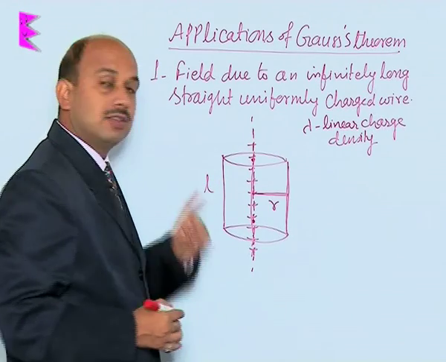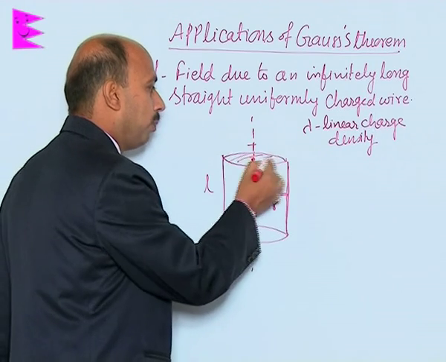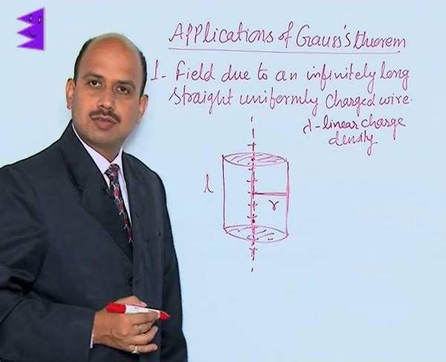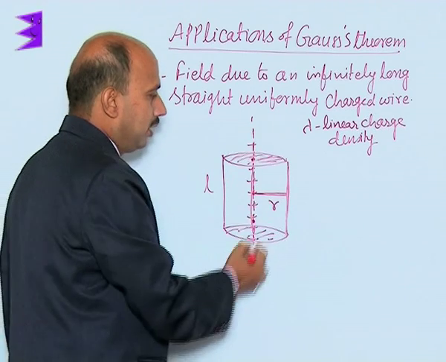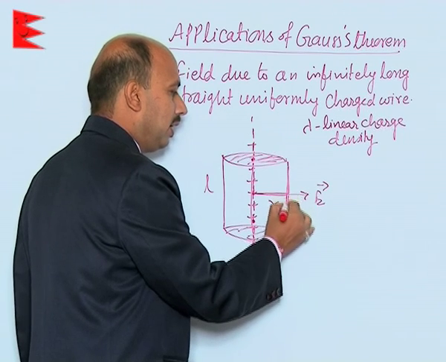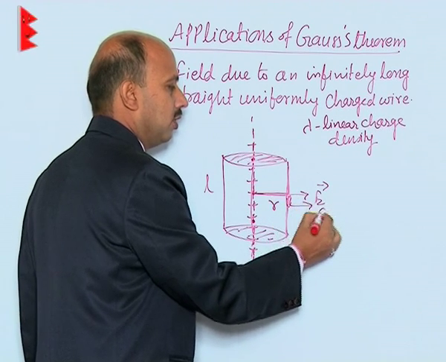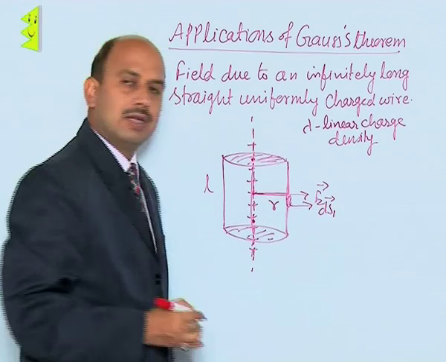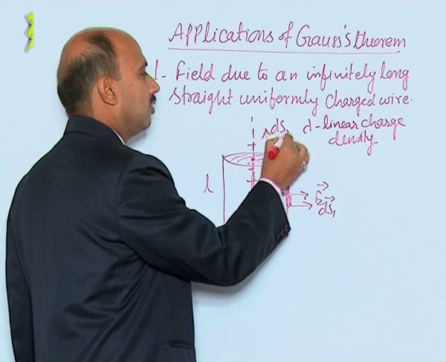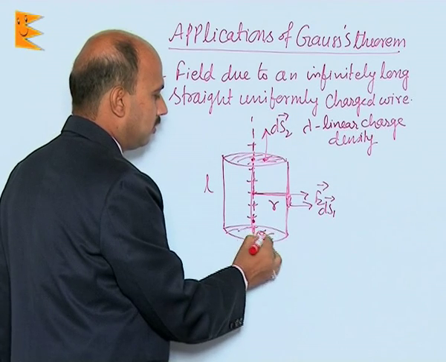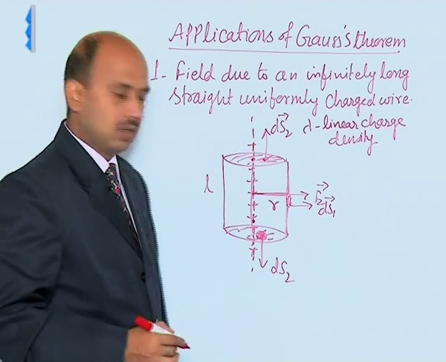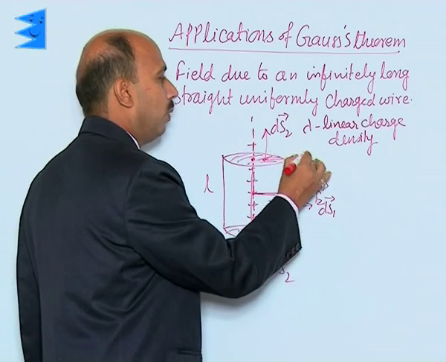Now there are three surfaces: the topmost surface, this circular part, the bottom one, and the curved surface. At every point the electric field's direction is radially outward. Let us take the area vectors ds1 for the curved surface, and ds2 for the top and this side.